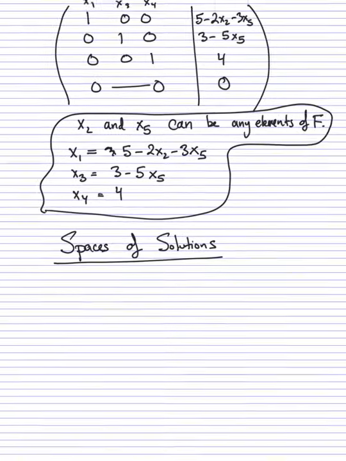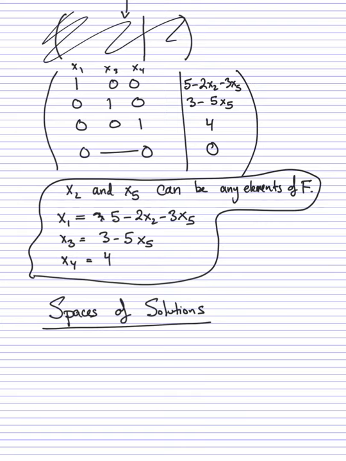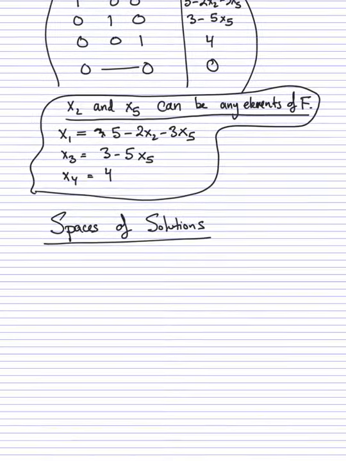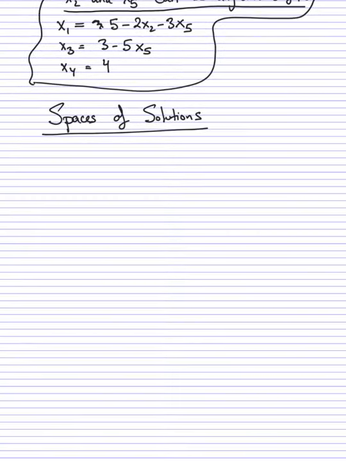This usually corresponds to how many variables can be free. Do I have any choice of my elements of F? So we'd like to know how many free variables we have. And then, of course, you also want to know what their actual solutions are. Okay, so the first thing we'd like is a criterion for no solutions.